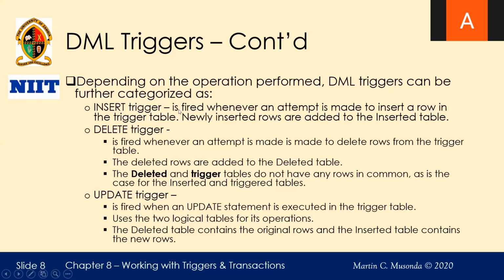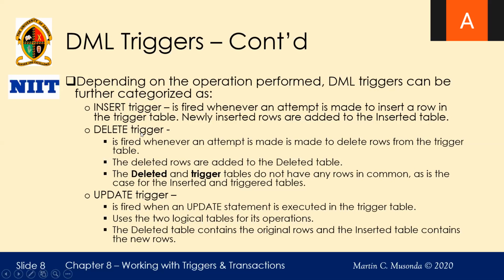These are activated or fired whenever there is an attempt to insert a new row in a table, in the trigger table, that is the table to which the trigger is assigned. The newly inserted rows are added to the inserted table only.